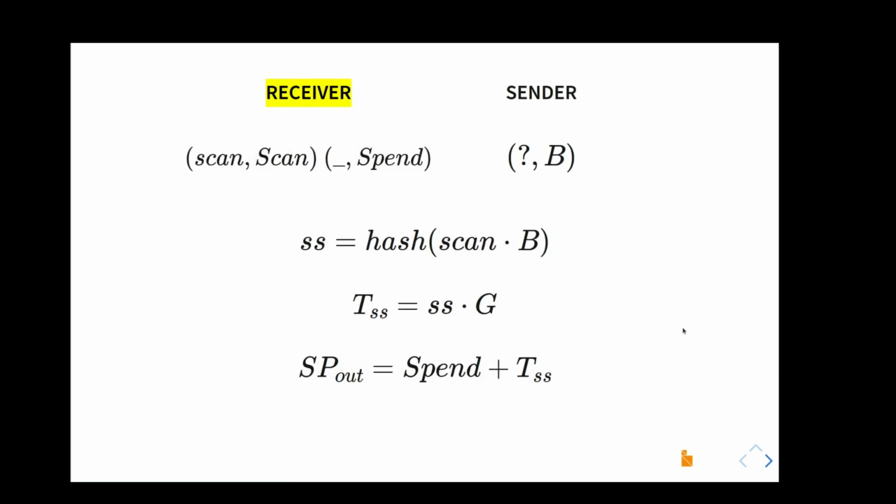And I'm going to also rename all these just to refer to the public keys and private keys that are used for the receiver in the BIP. Here you can see that we have a key that is called scan and a key that is called spend. Both of them have a private key and a public key.